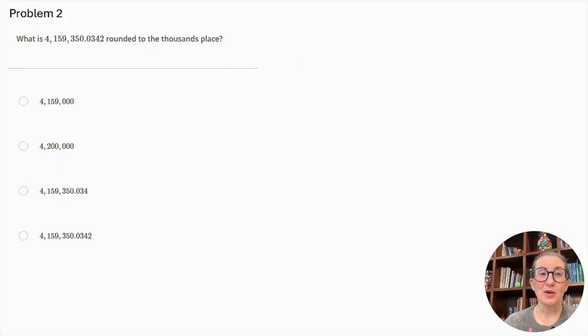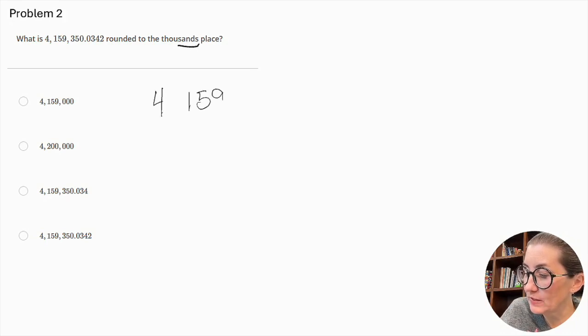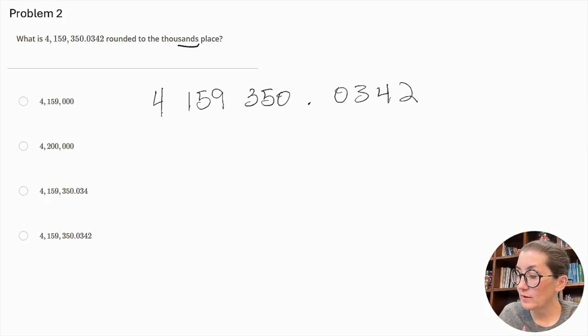Problem number 2. What is 4,159,350.0342 rounded to the thousands place? So let's write that number down. 4,159,350.0342. So let's look at place values first.